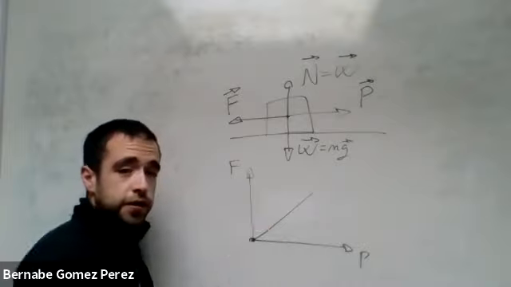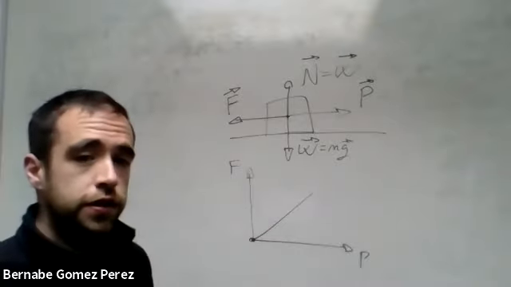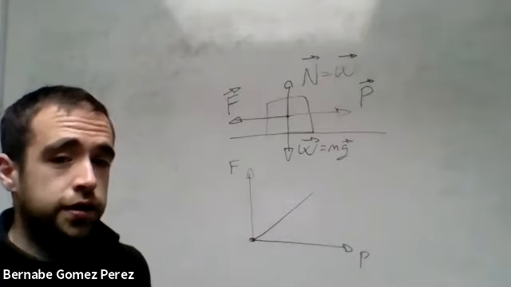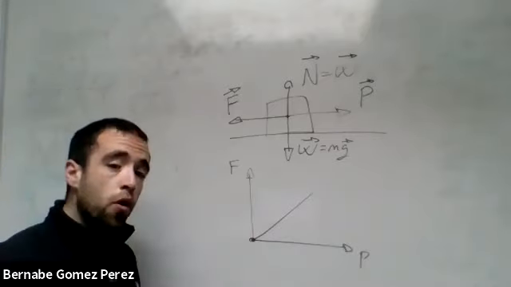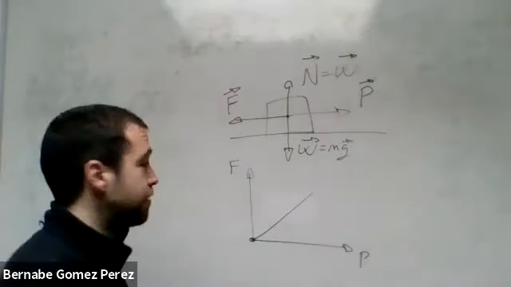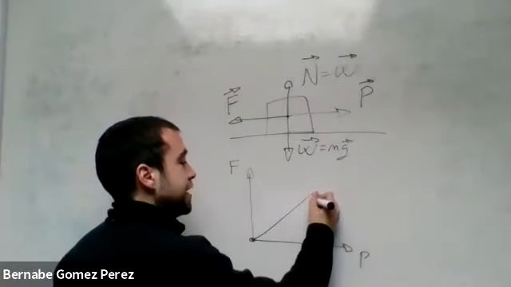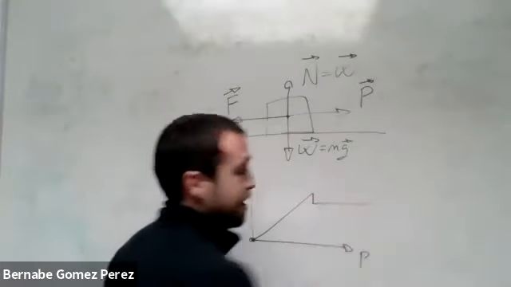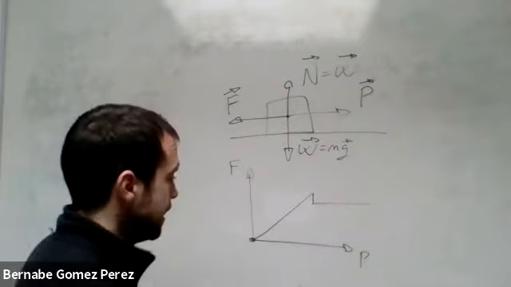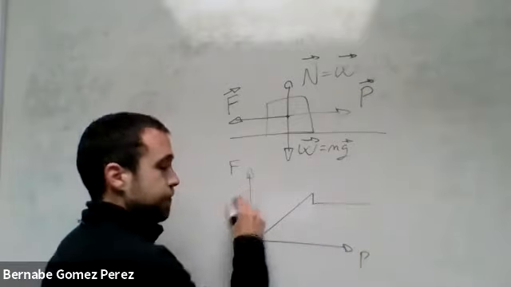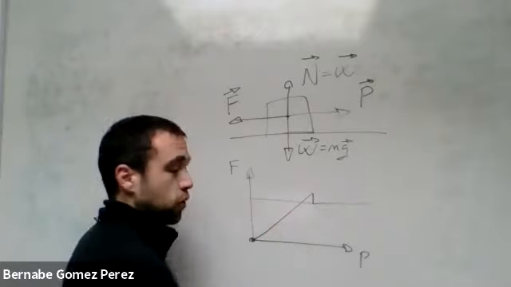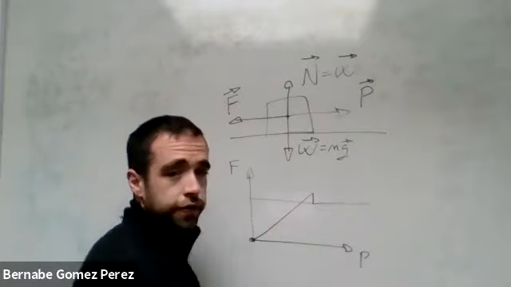As P increases, as the pull of the monkey increases, the frictional force will increase as well, balancing, okay? Up to a point where the pull is higher than the frictional force, then we have this theoretical drop, and then we just have kinetic friction, okay? And we are moving. The pull is higher than the friction, okay? We can see that the friction remains constant, but the pull just increases, okay?